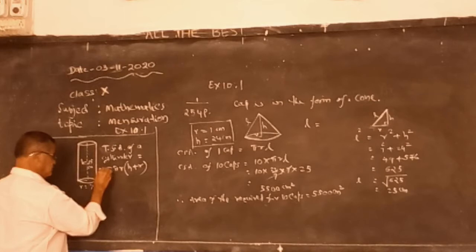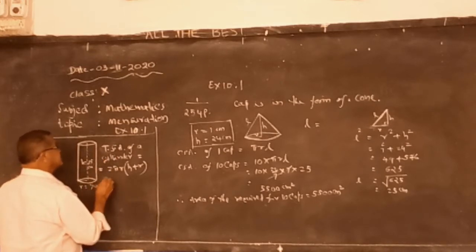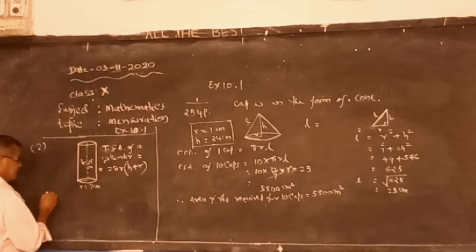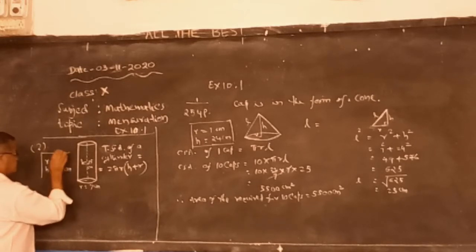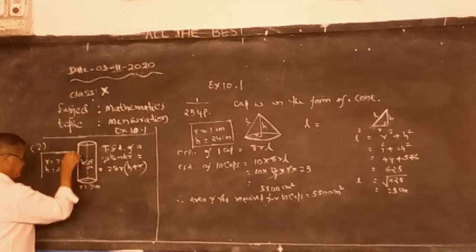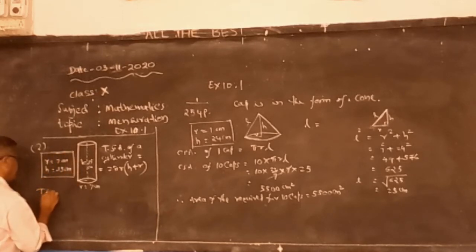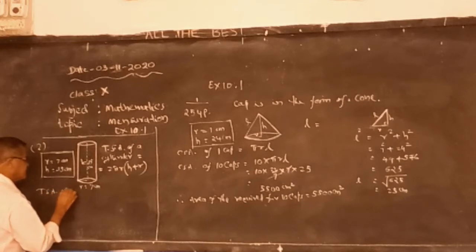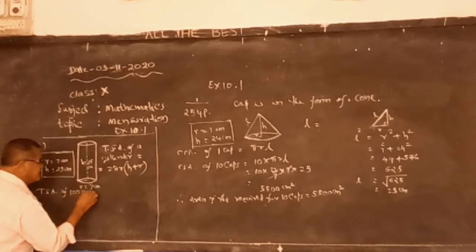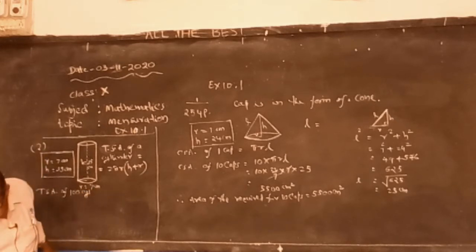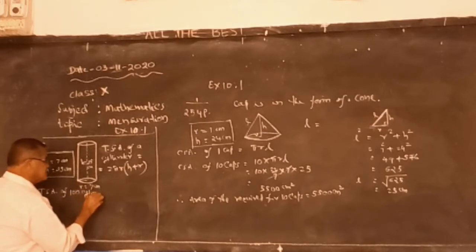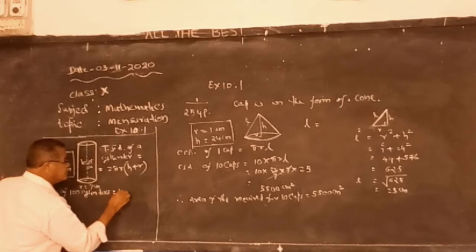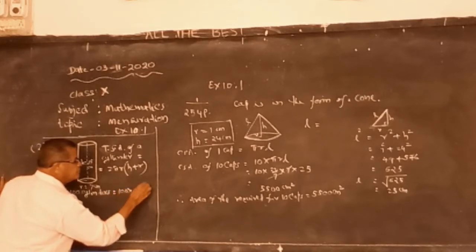Now substitute the values. This is one cylinder; for 100 cylinders, write here r is equal to 7, h is equal to 35. Write the given data in the box; you will get half a mark for it. Now, TSA of 100 cylinders is equal to 100 into 2 pi r into h plus r.